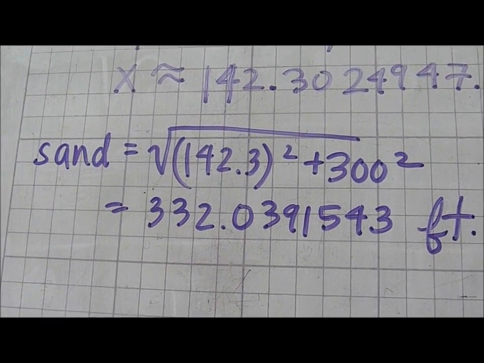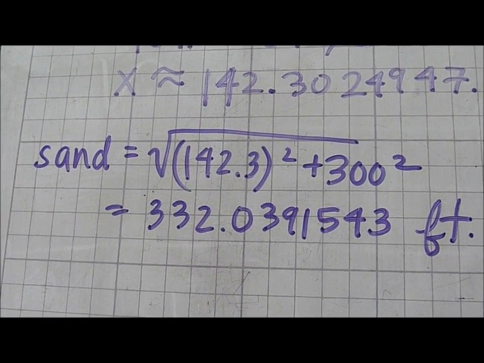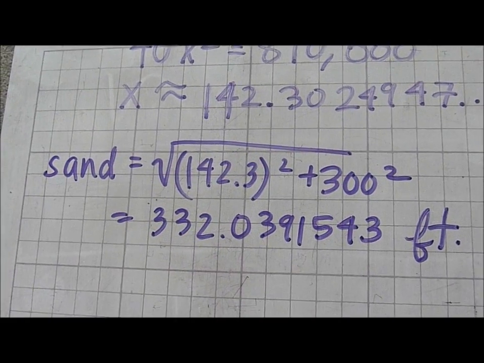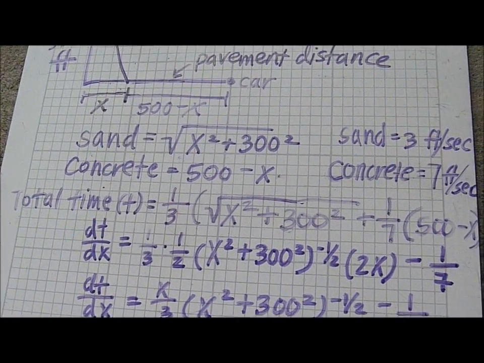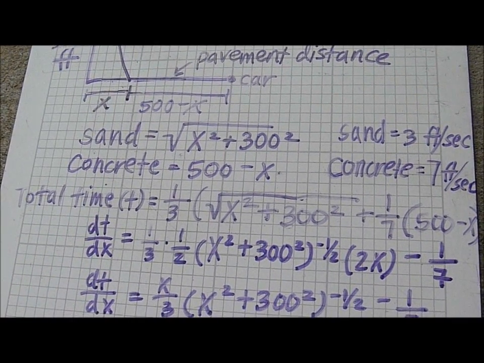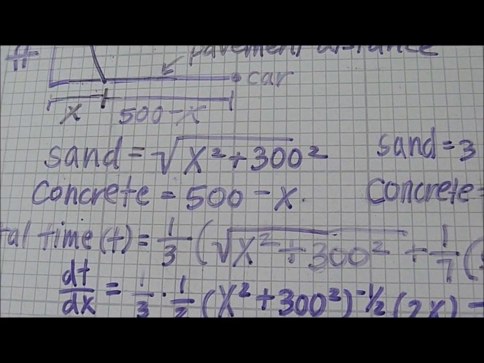On sand, we should run approximately 332 feet. Now, referring back to the top portion of the problem, we must find the distance we must run on concrete using the formula 500 minus x.